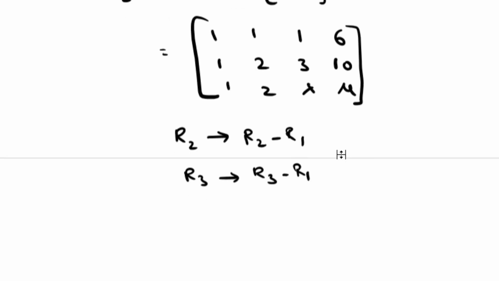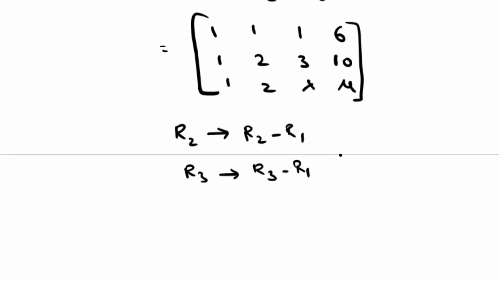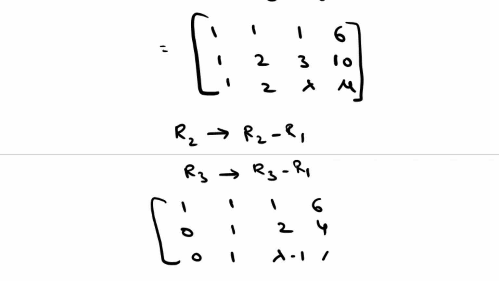Then we have [1 1 1 6; 0 1 2 4; 0 1 lambda minus 1, mu minus 6].